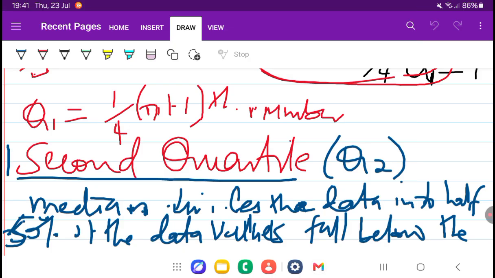That's why we said we get what we call the less than cumulative frequency if we are dealing with a grouped data set. That is the reason, because we're trying to look at the data that are less. But when we are estimating, we can estimate those values that are even more.